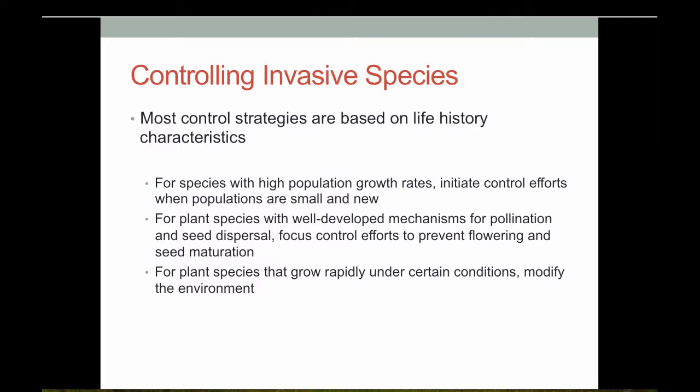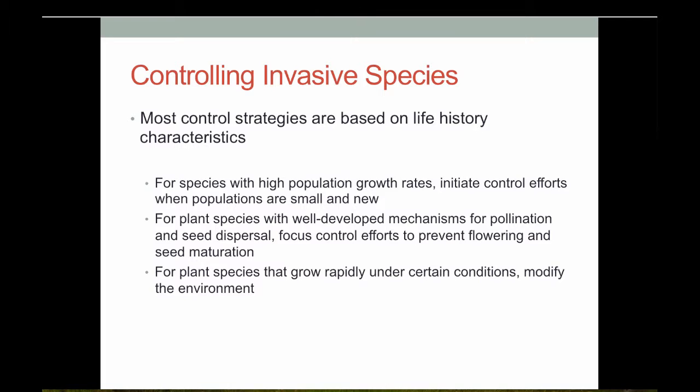Well, once we open those canopies up, we may be changing conditions on the forest floor that foster the germination and spread of, say, garlic mustard or honeysuckle or other invasive species that may be present in those forests.